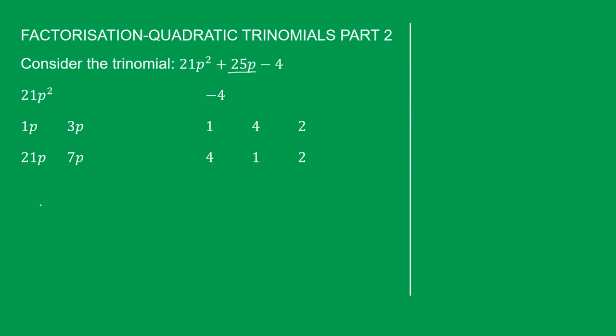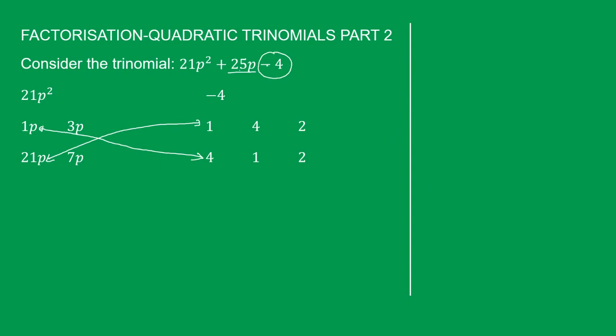This is how you cross multiply. Let's start by trying this combination. 21p, you cross multiply like this. 21p and 1, and then 1p and 4. We want a combination that will give us positive 25. And then this negative 4 is very crucial.